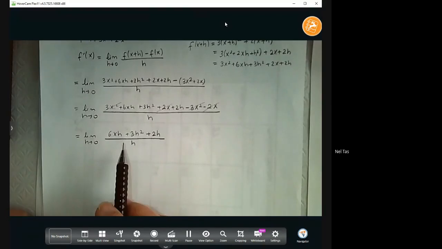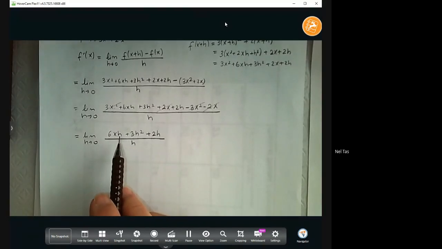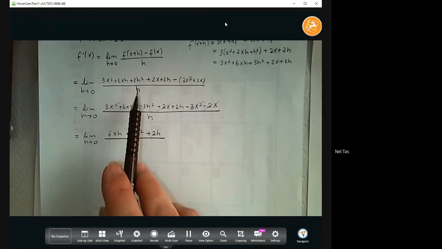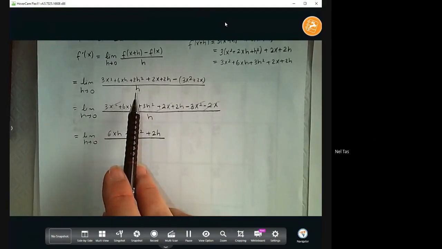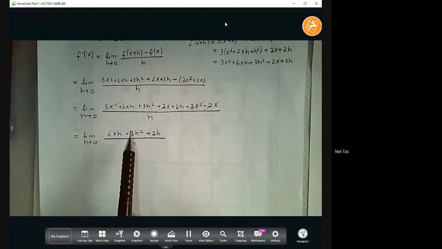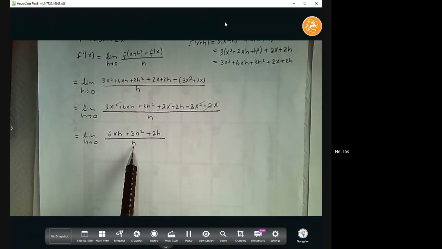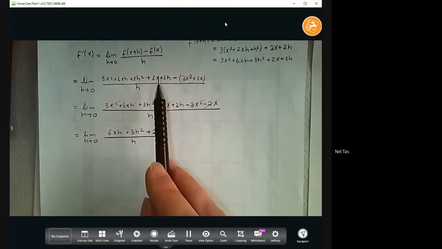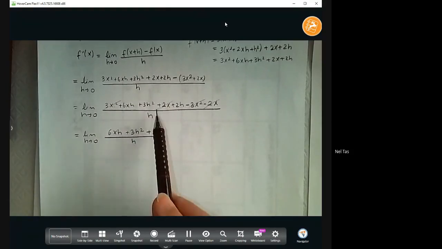As you see, h is factorable in the numerator, and that's what you are supposed to have anyway, because right from the beginning you have a 0 over 0 situation, and you need to get rid of it, right? So h should be factorable in the numerator here, so that you can remove this h from the denominator. If you didn't get h factorable here, it means you made a mistake on the way as you solved this question.